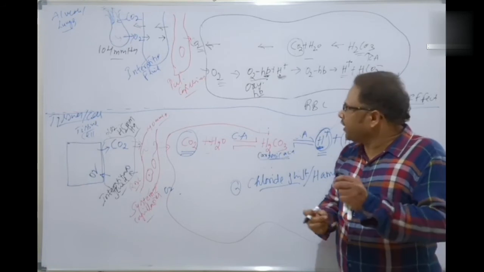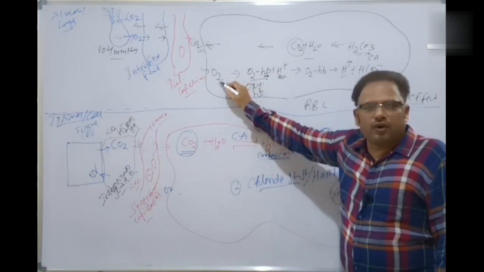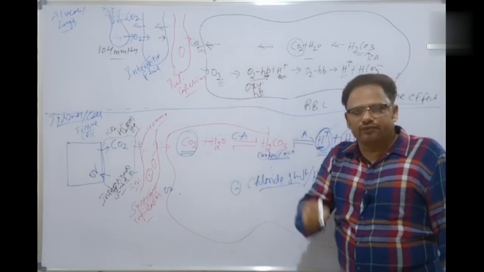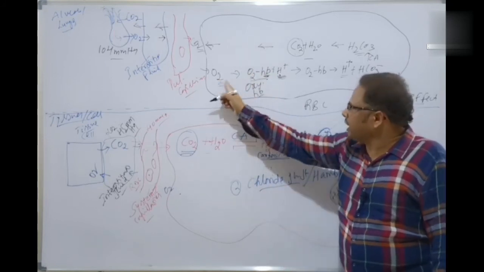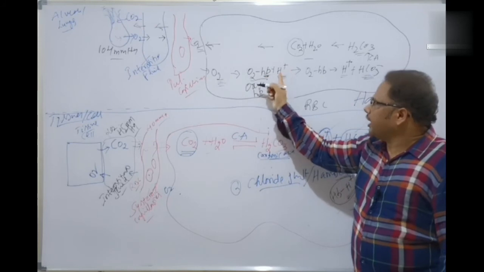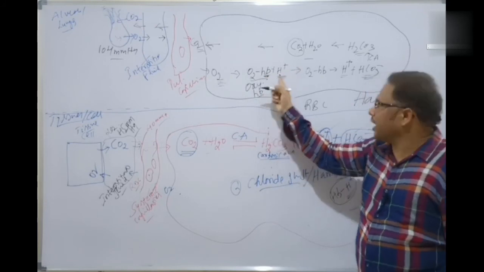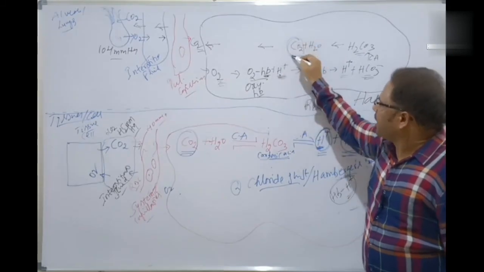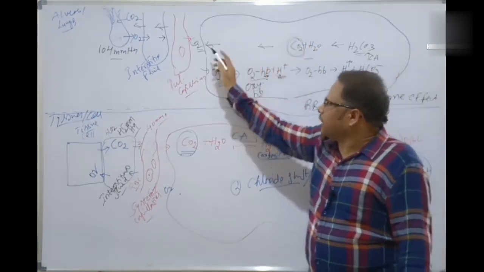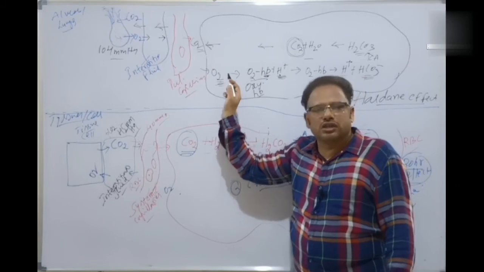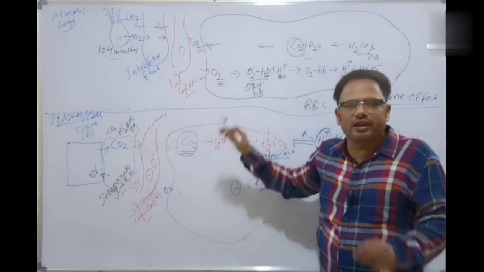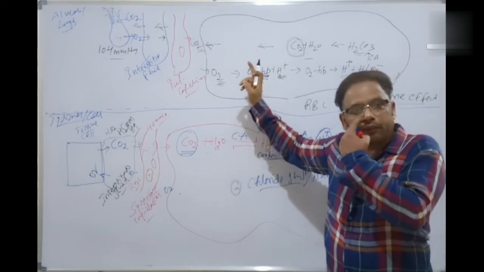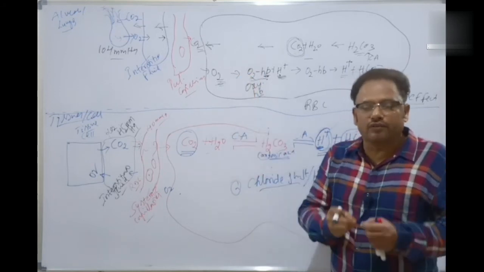That effect of oxygen on the release of carbon dioxide is called the Haldane effect. Oxygen has to bind with hemoglobin, then the hydrogen ions have to be released so that carbonic acid is formed, so that the free form of carbon dioxide is there and is released. That is happening because of oxygen. Oxygen loading with hemoglobin leads to the unloading of carbon dioxide. Remember this point: what is the Haldane effect?